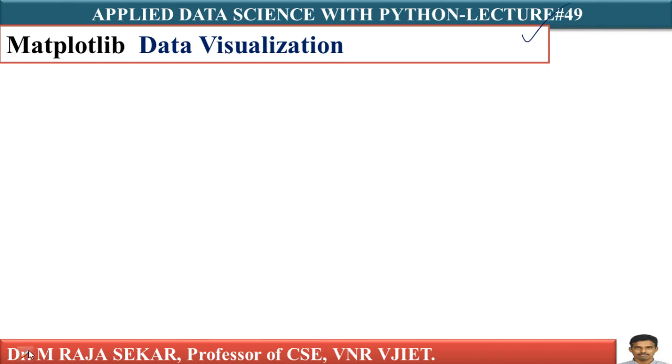In this lecture, I will continue my discussion on matplotlib. In my previous lecture, lecture number 48, I discussed basic ways to make plots. Sometimes it is beneficial to keep several plots next to each other.